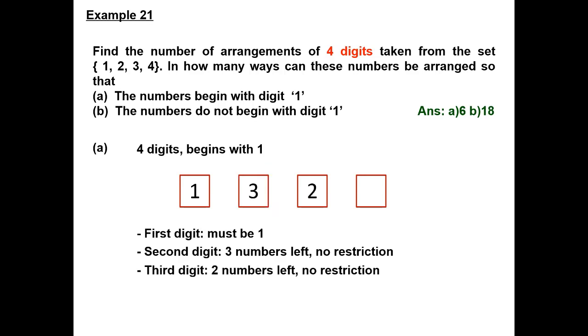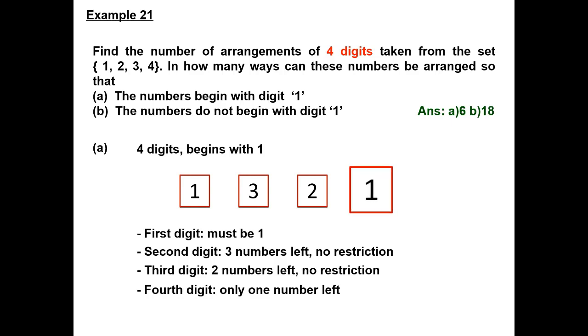For the third digit, we have 2 numbers left to choose from and there is also no restriction. Finally, for the last digit, we have only one choice of number. So, the number of permutation that we get is 1 times 3 times 2 times 1 is equal to 6.